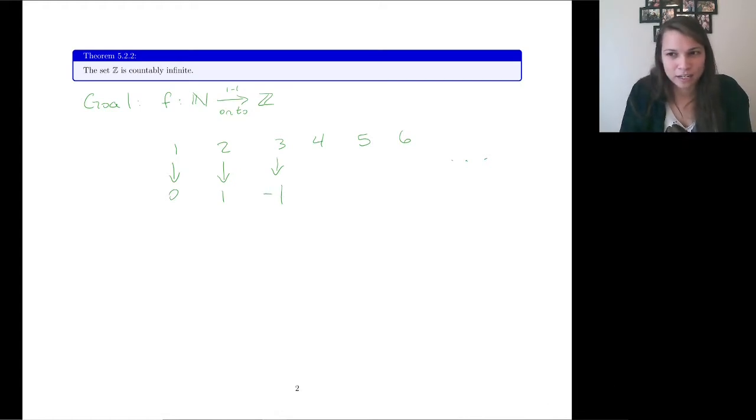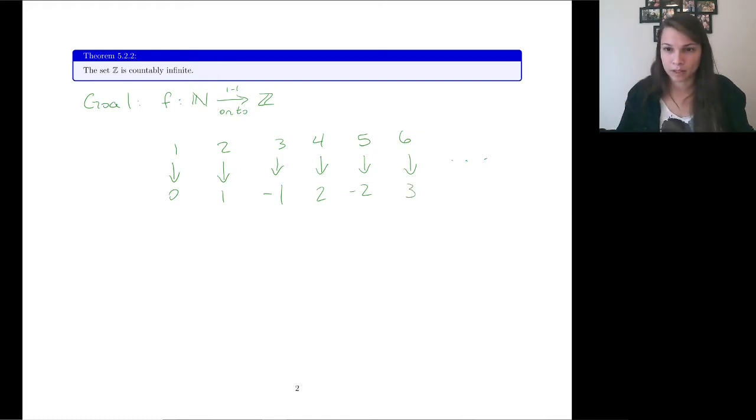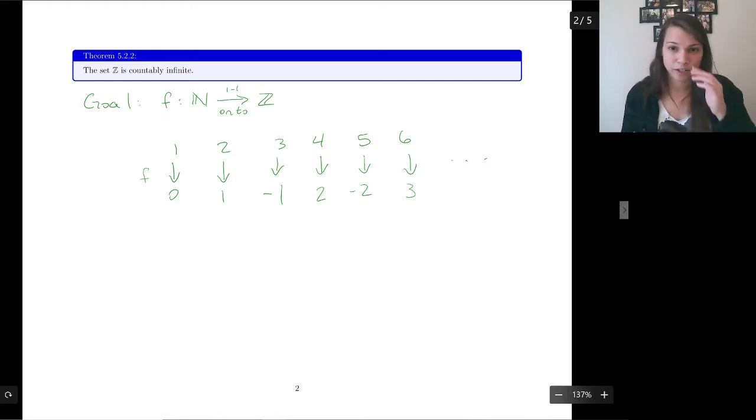We're going to make 3 go to -1. And we're just going to keep switching back and forth between positives and negatives. So 4 is going to go to +2, but 5 is going to go to -2. And then 6 goes to +3, 7 would go to -3, and so on. So this is the idea for our function.